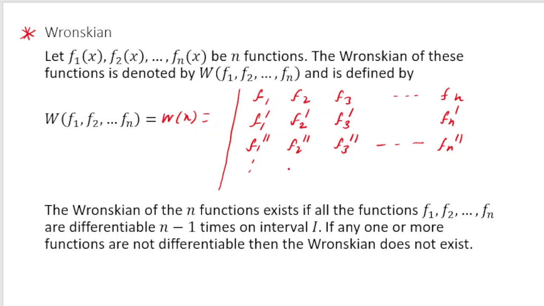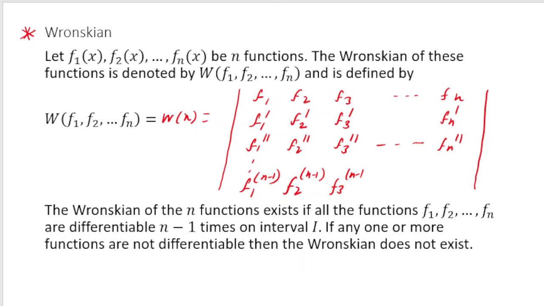So what will be the last row? Take a pause and think about what the last row will be. In the second row I am writing the first derivative, in the third row the second derivative, so in the nth or last row I will be writing the (n minus 1)th order derivative: f1 n minus 1, f2 n minus 1, f3 n minus 1, up to fn n minus 1. This is just a way to represent the (n minus 1)th order derivative.